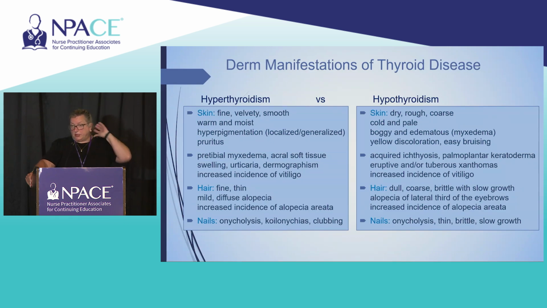But it's important to remember that alopecia areata and vitiligo and nail disease can accompany any thyroid disease. So be on the lookout for an association between vitiligo, hair loss, nail disease, and thyroid disease. It's actually quite common.